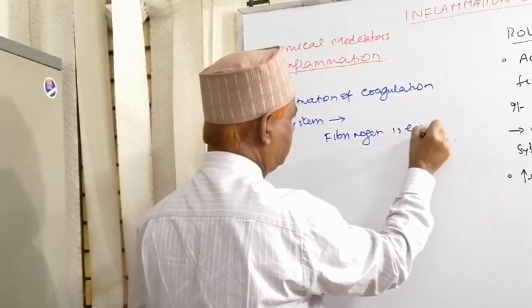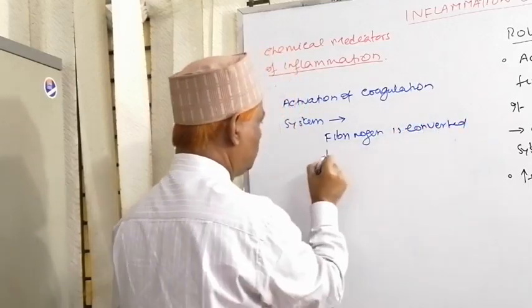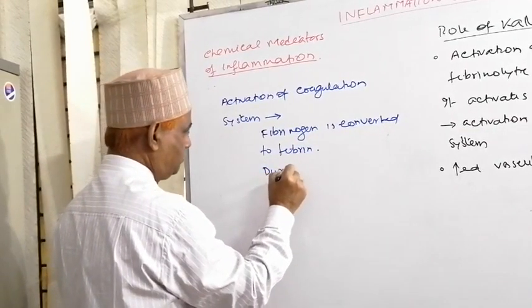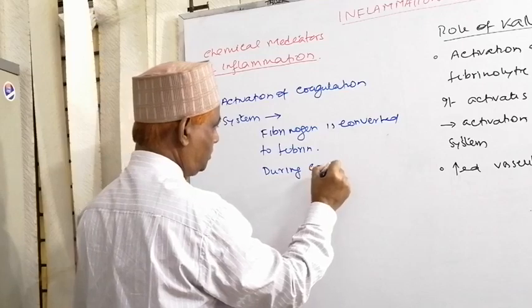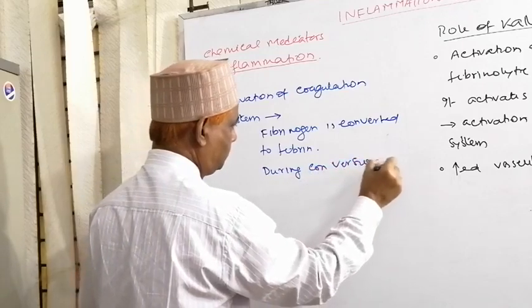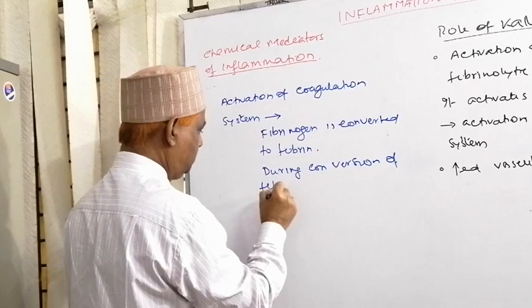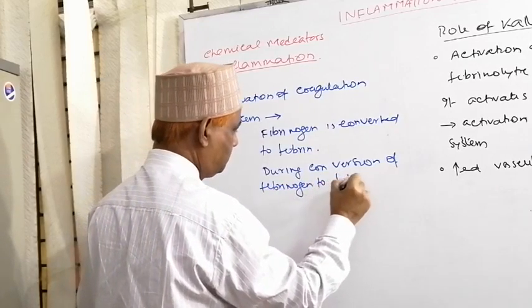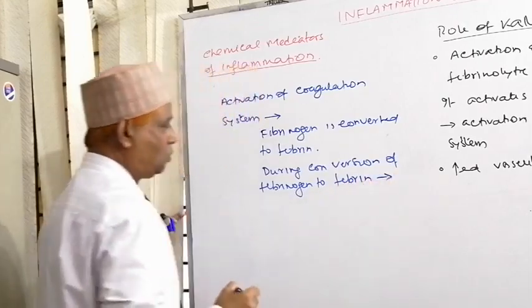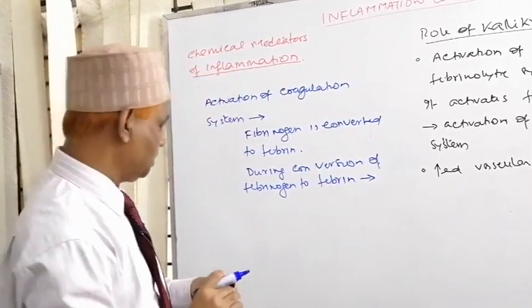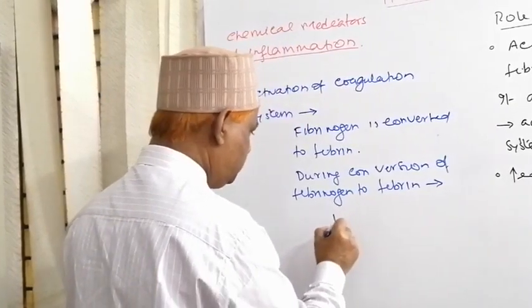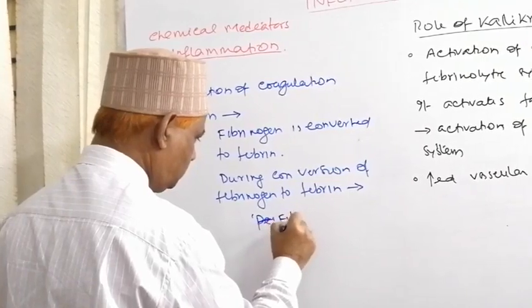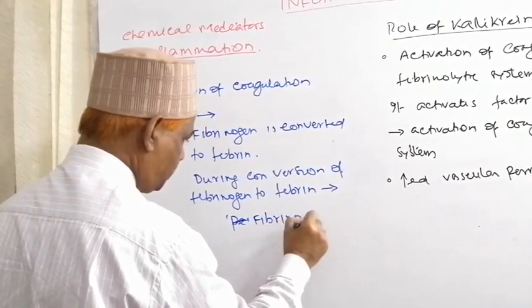During conversion of fibrinogen to fibrin, one product is formed that is called fibrinopeptide.